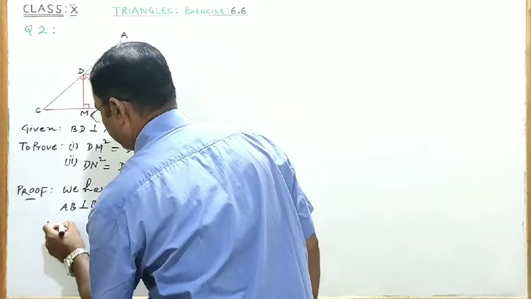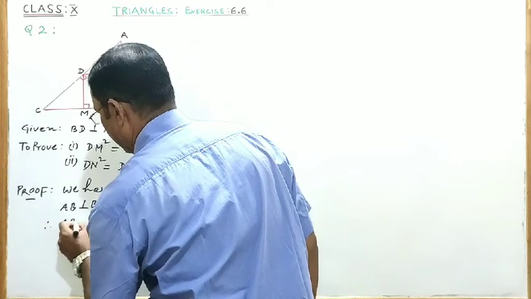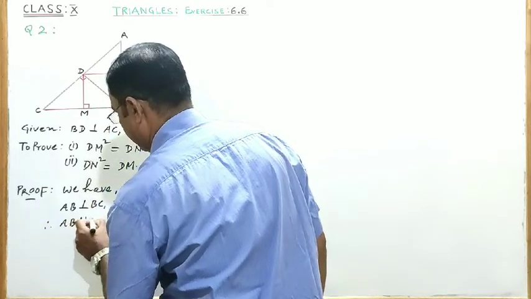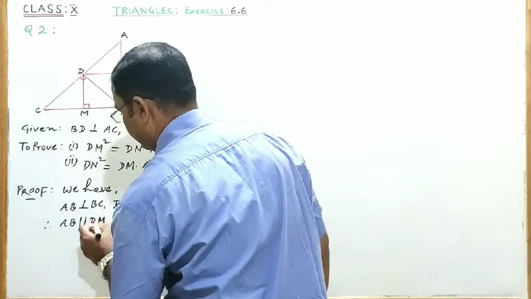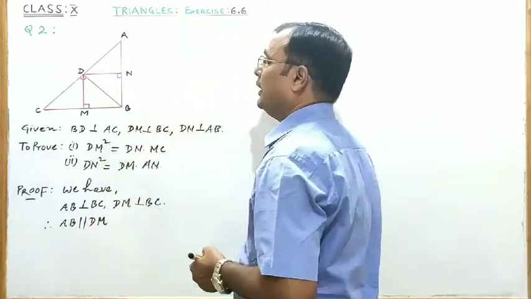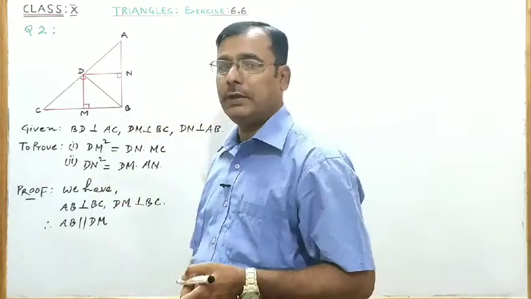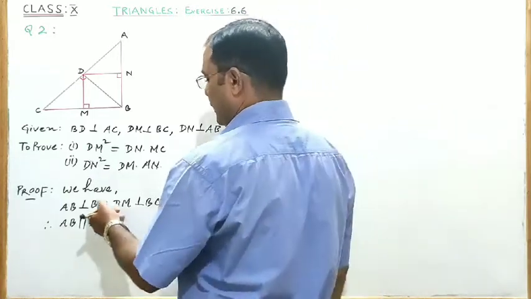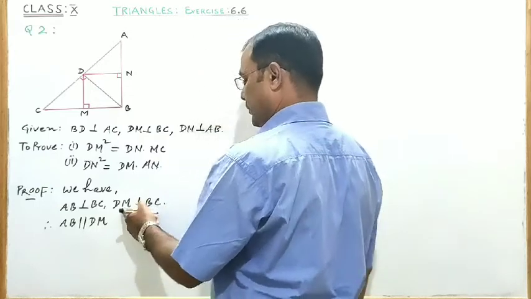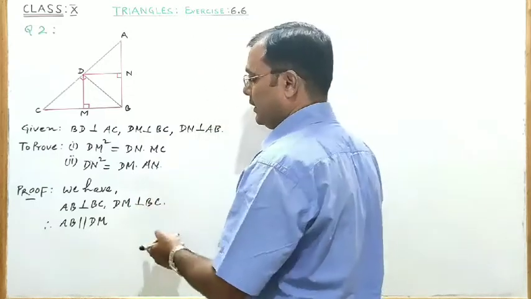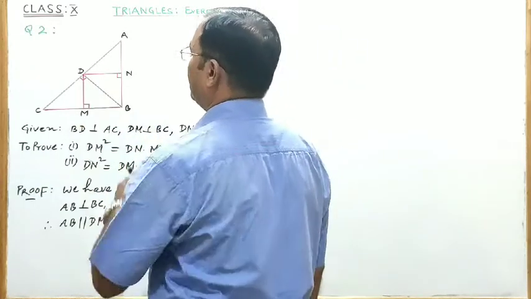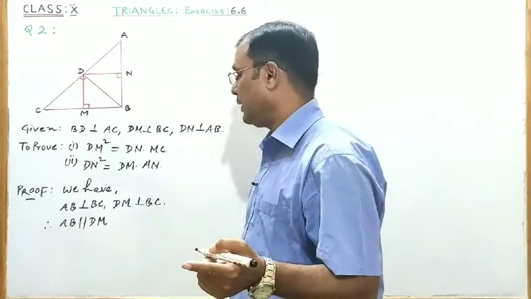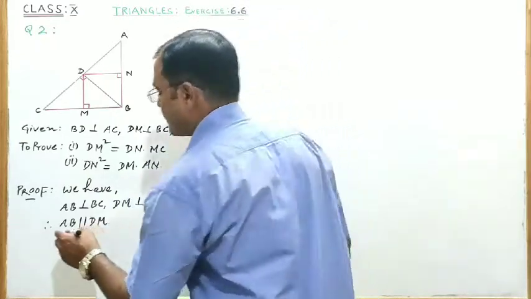Therefore, AB is parallel to DM, because lines perpendicular to the same line are parallel to one another. AB is perpendicular to BC, DM is also perpendicular to BC. That's why AB and DM are parallel to one another.